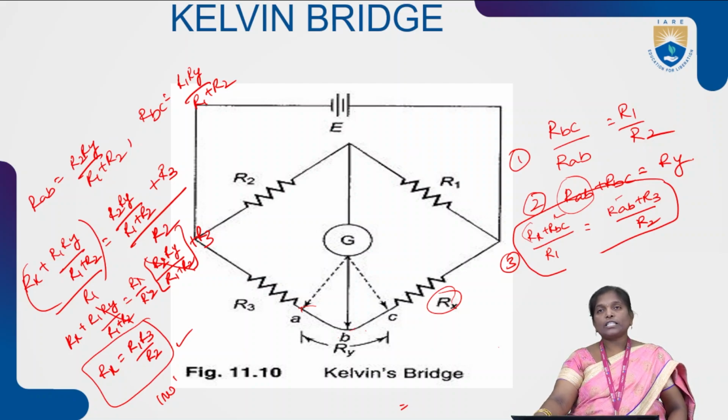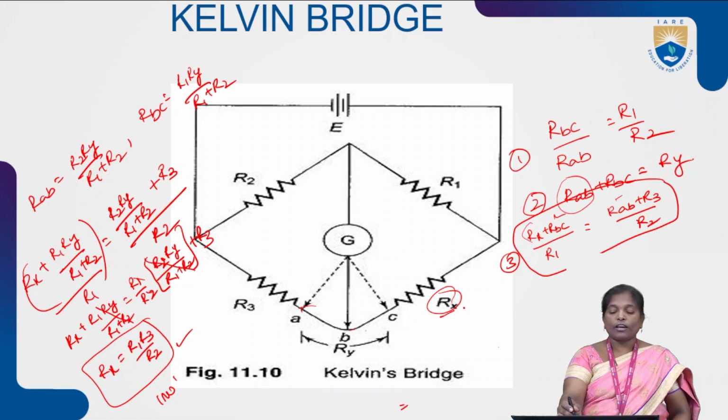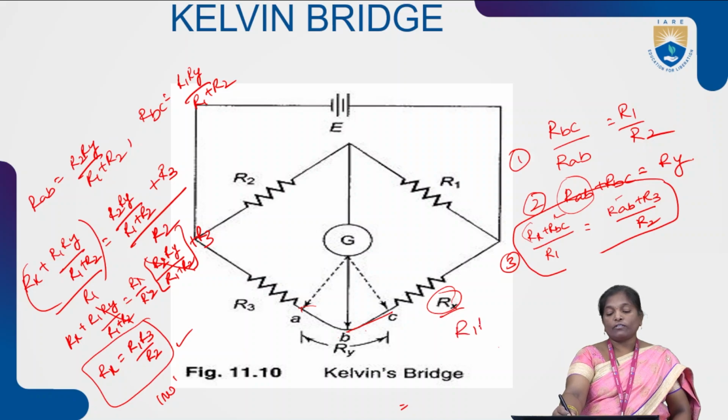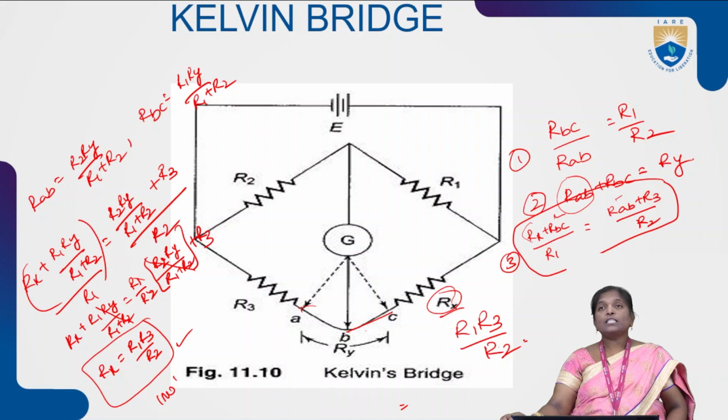So this is the construction of the Kelvin bridge, and finally in the Kelvin bridge we can measure the unknown resistance Rx with the help of RAB and RBC. Finally, the unknown resistance Rx equal to R1 R3 by R2. This is unknown resistance measurement with the help of the Kelvin bridge.